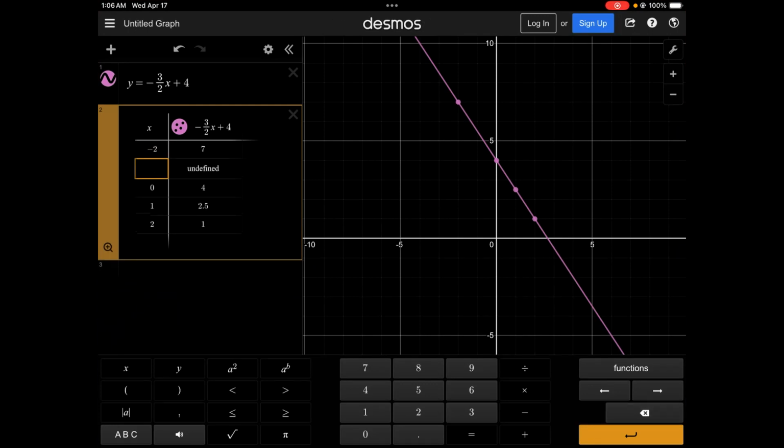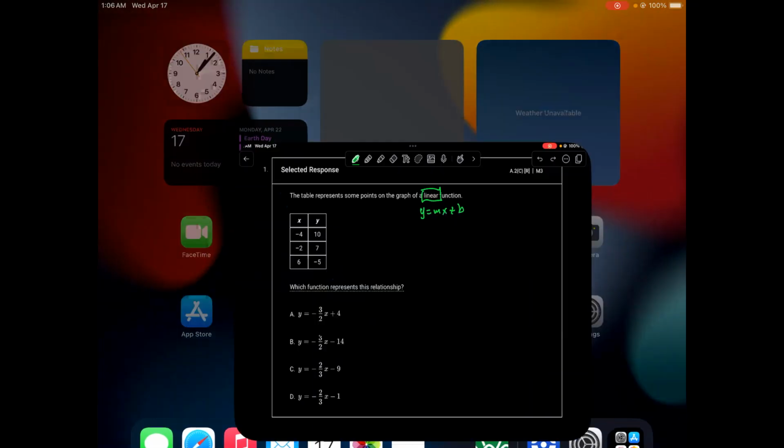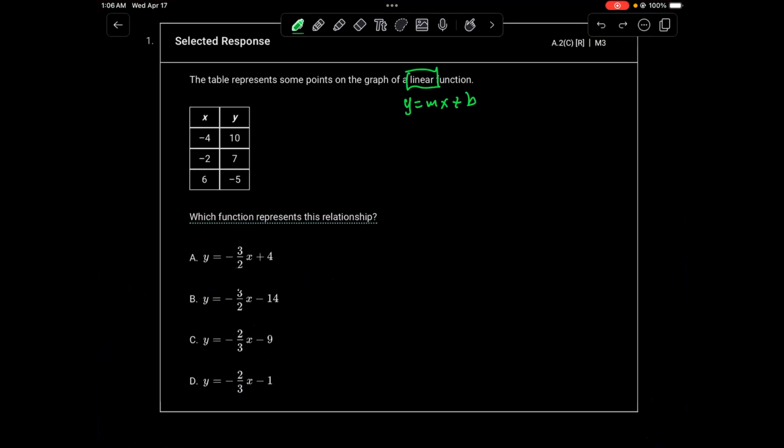Now let's put negative 4, the next one 6, and let's get rid of the rest. So negative 2, 7, negative 4, 10, 6, negative 5. And it turns out that this is the correct answer because it gives me that table.